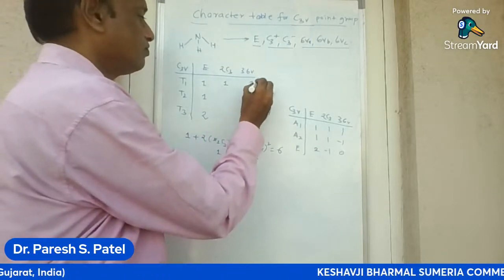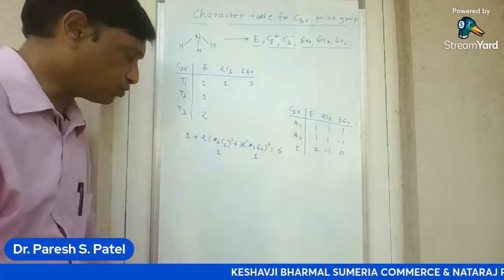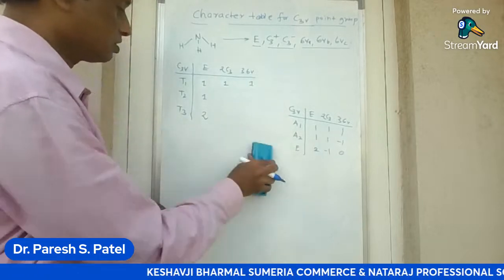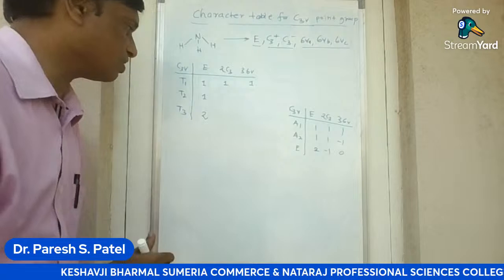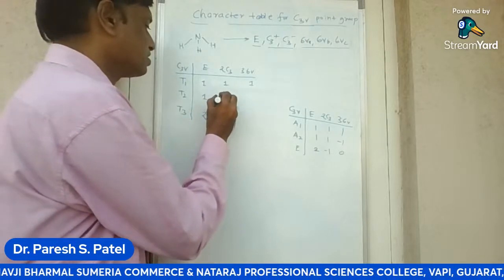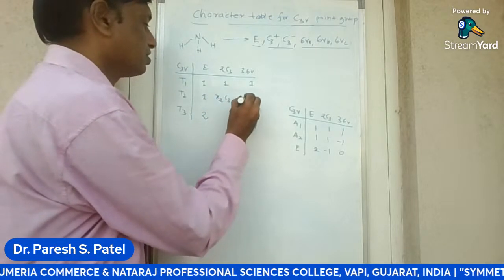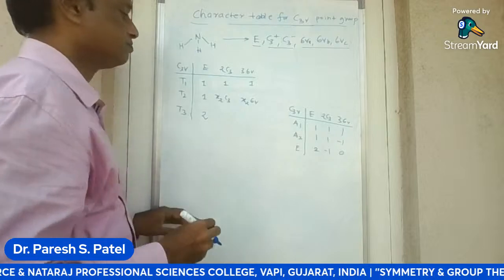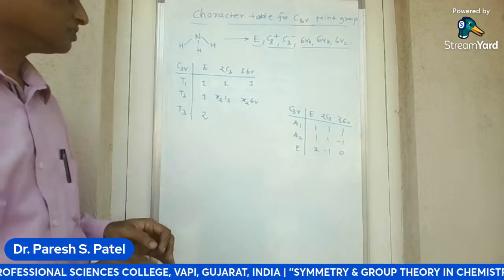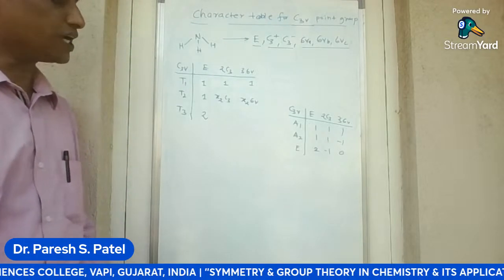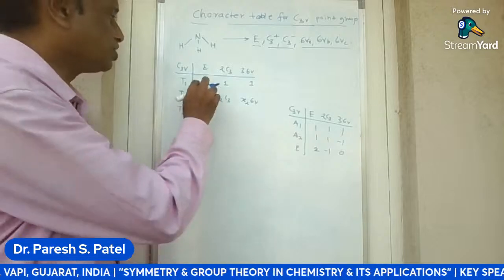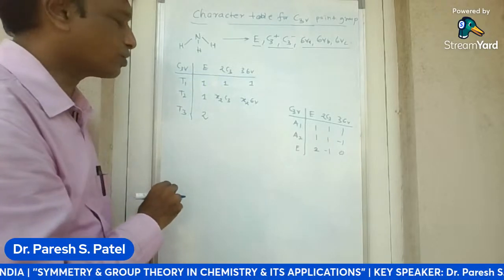1 and 1. To get the characters for the second irreducible representation, character 2C3 and character 2 sigma V. According to characteristic number 4, any two irreducible representations are orthogonal to each other.